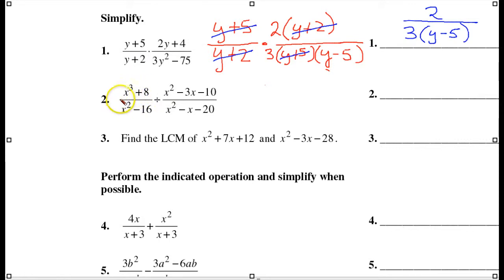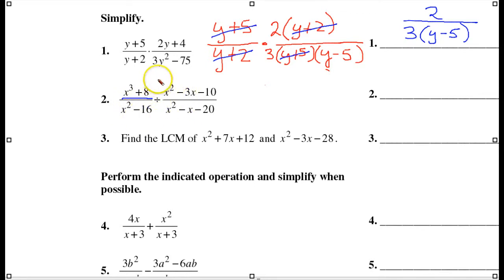An interesting thing is going on here. Above this blue line, this is the sum of perfect cubes. Now, the sum of perfect cubes will factor, and we'll show that here shortly. This is the difference of perfect squares, and this will factor into its conjugates.